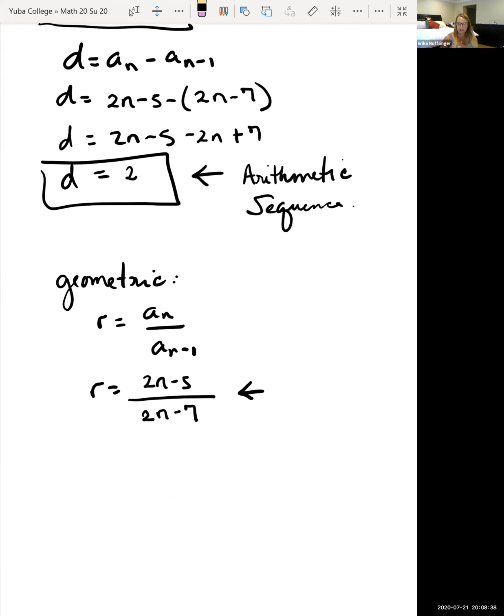It's going to vary, and so this is not geometric.